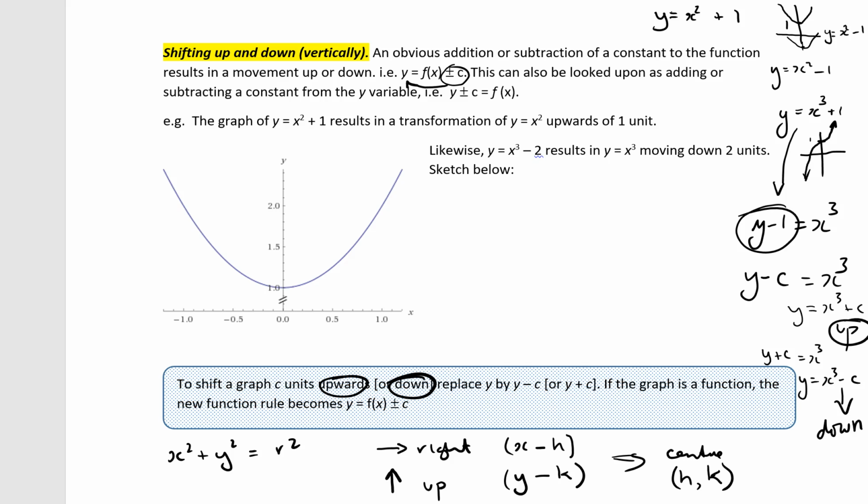Now, back when I did the video on the circle, I made reference to the fact that when you do this particular exercise, you'll actually see the formula working according to this generalized pattern about moving graphs on the number plane.